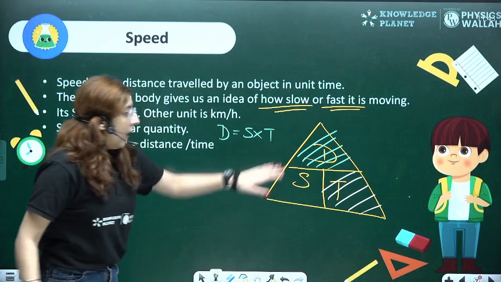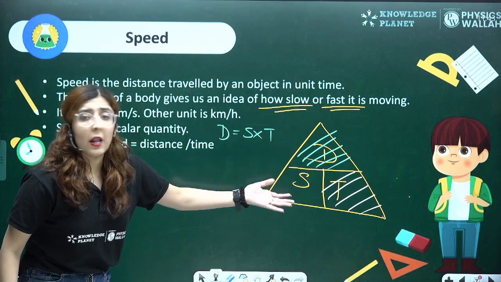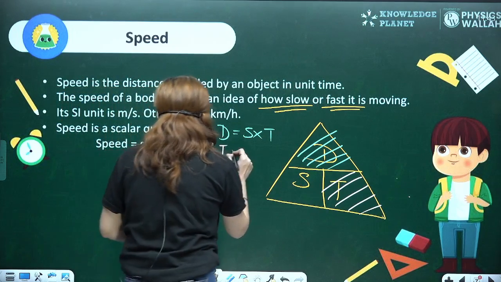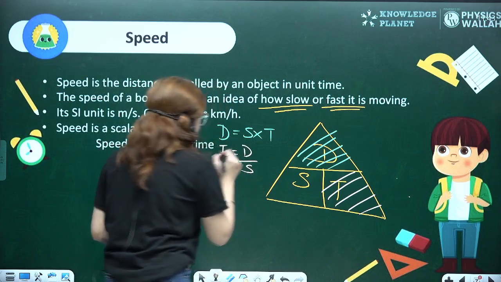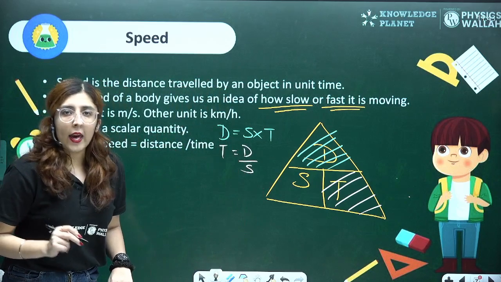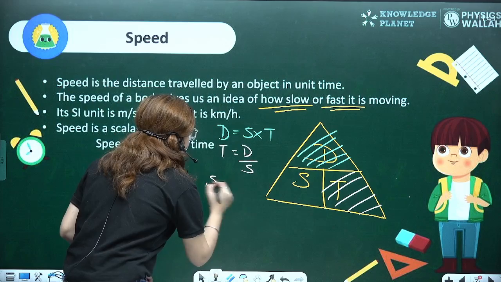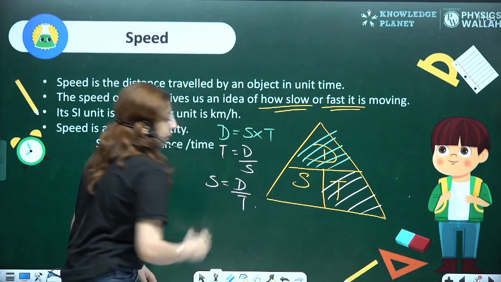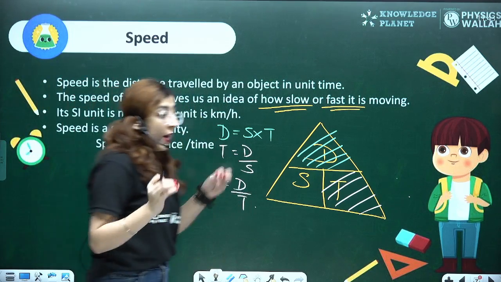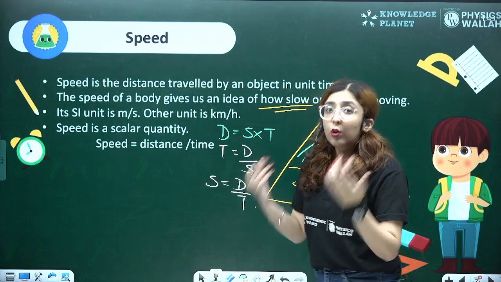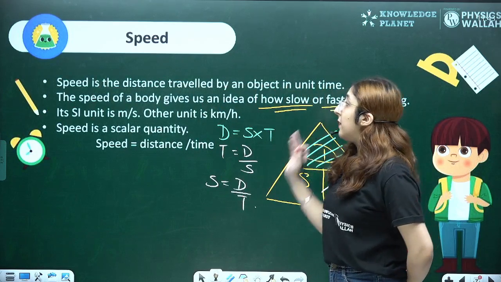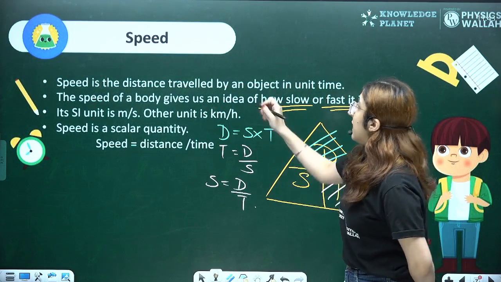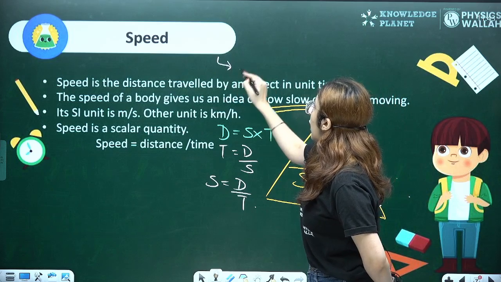If I need to find time, then the formula will be distance upon speed. Time is distance upon speed. Similarly, speed is distance upon time. Now, how fast or how slow my body is moving, irrespective of the direction, certainly we will say speed is a scalar quantity.